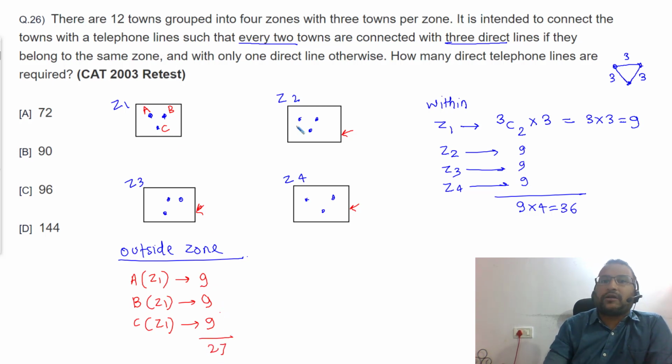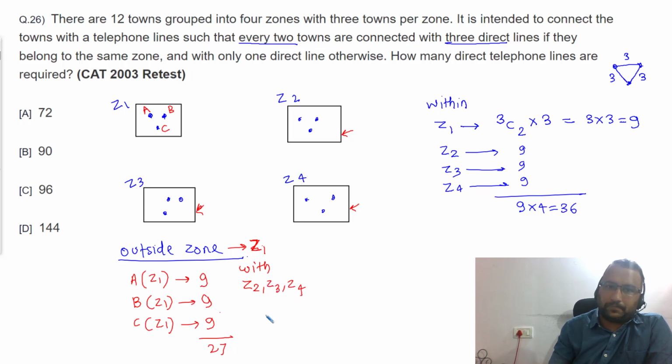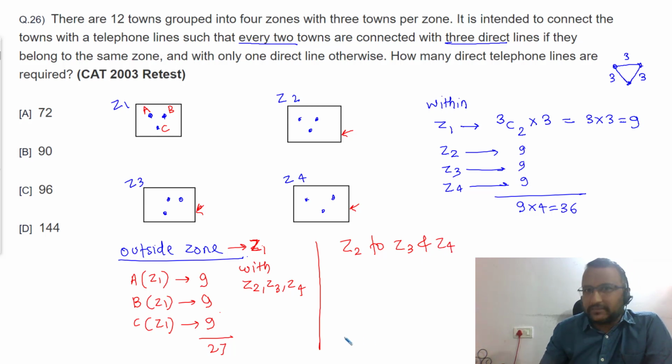Zone 1 is already connected with zone 2, zone 3 and zone 4. This is the connection of zone 1 with zone 2, zone 3 and zone 4. Now the connection of zone 2 with zone 3 and zone 4, everyone. Let's have a look at it.